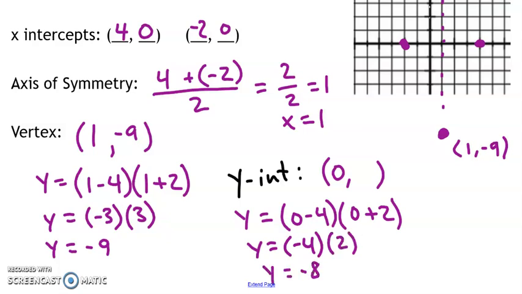We get negative 8. That's going to be just above where my vertex is. Again, I can't accurately put in the tick marks there, so I'm just going to label that as negative 8. And now from my vertex, I'm going to go up and to the left, up and to the right, and get my U-shaped parabola.